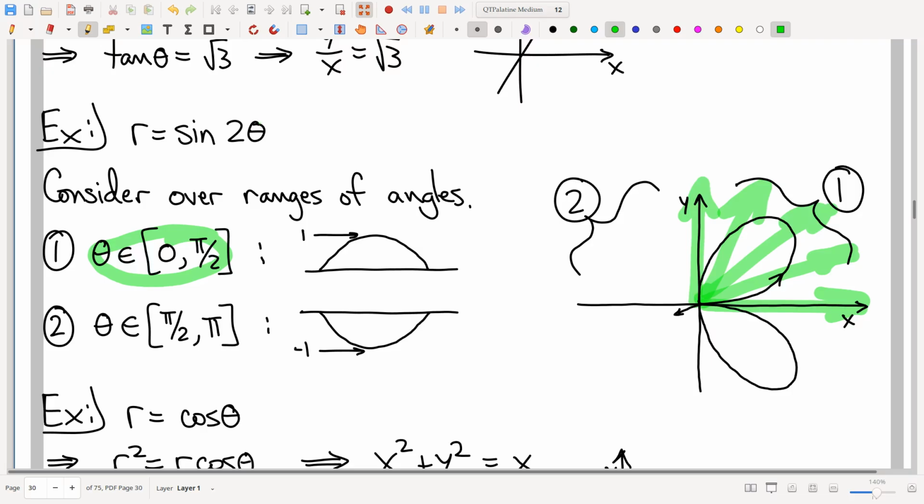Well, theta is not what goes into sine. 2 theta is what goes into sine. And so the thing that goes into sine, since it ranges from 0 to pi, the values of sine do like this. They start at 0, they go up to 1, and then they come back down to 0, and that has the effect of giving us something kind of like this.